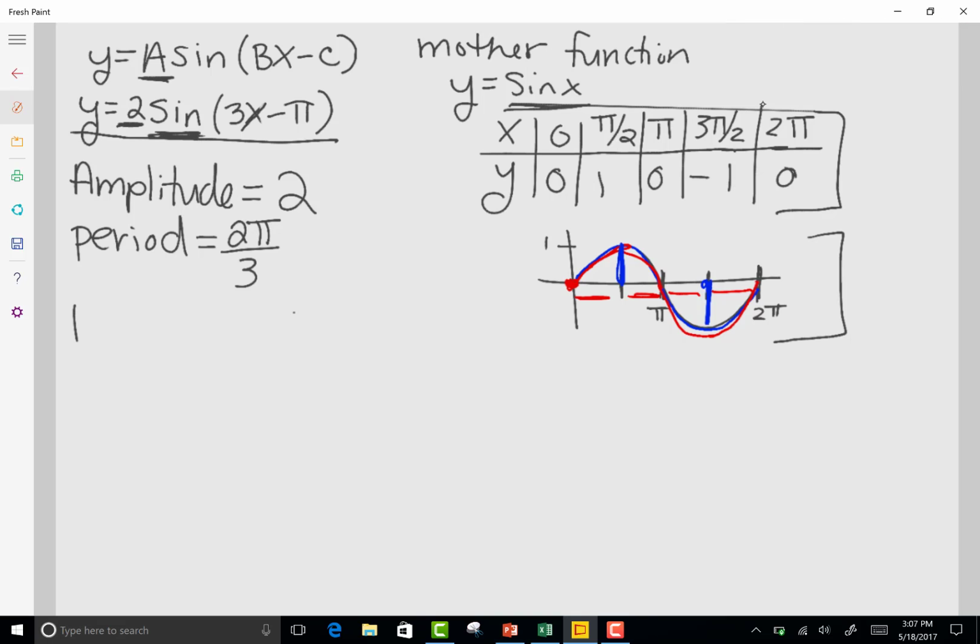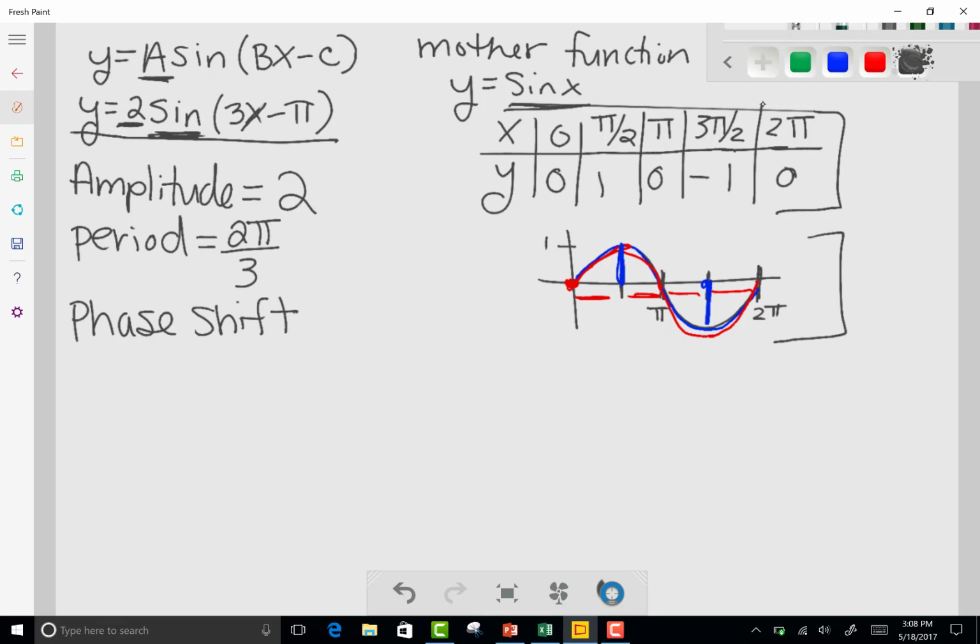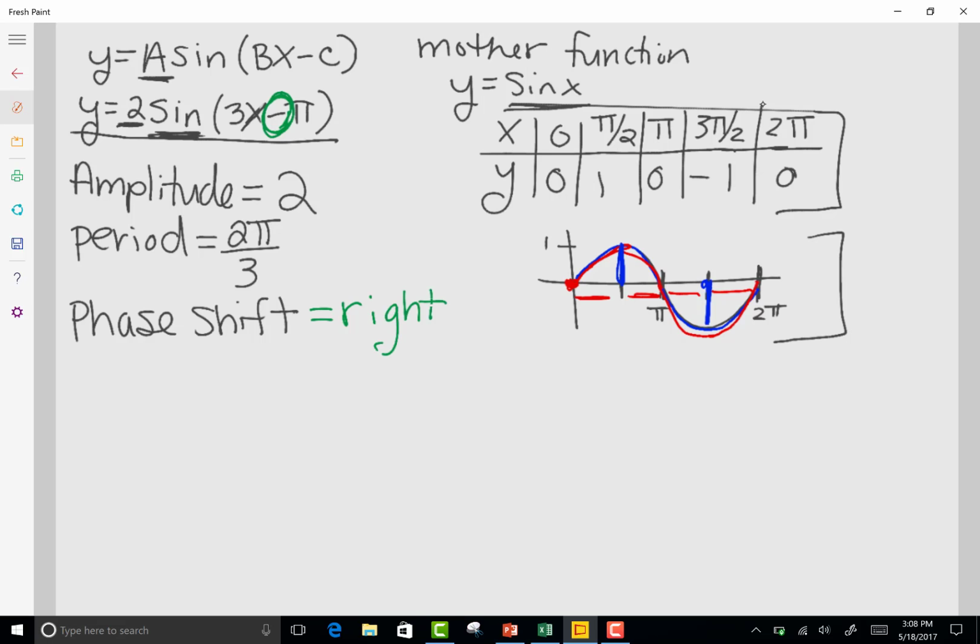The next thing we need to find is the phase shift. Okay, that's my horizontal shift. Since we have a minus here in my formula, that means it's going to be a shift to the right.